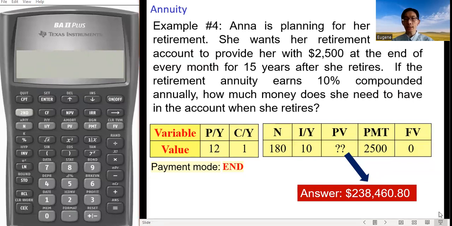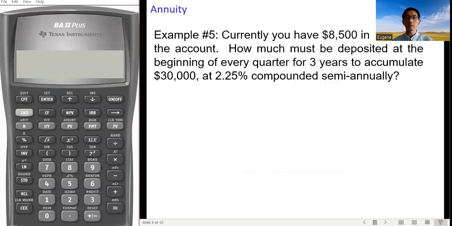Let's take a look at the next example. Currently, you have $8,500 in the account. How much money must be deposited at the beginning of every quarter for 3 years to accumulate up to $30,000? The interest rate is 2.25% compounded semi-annually.